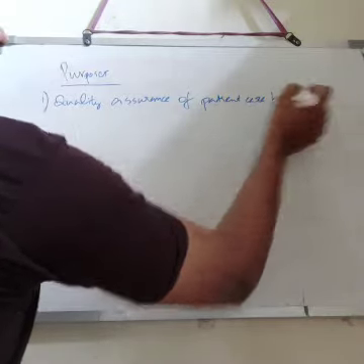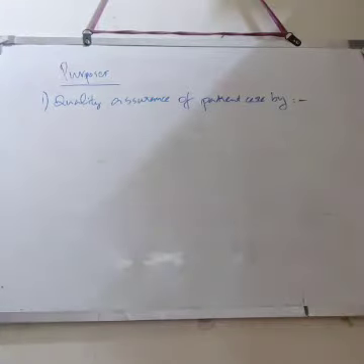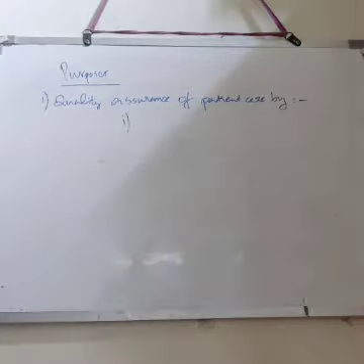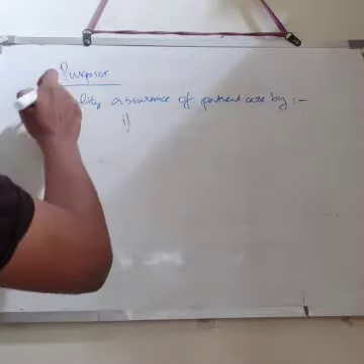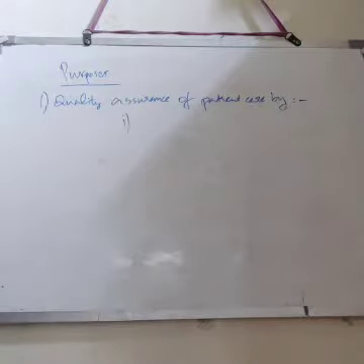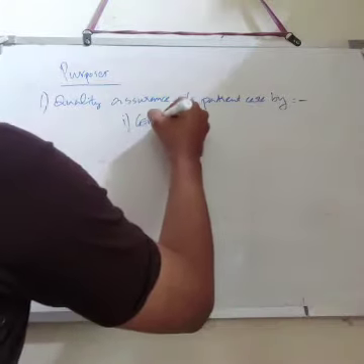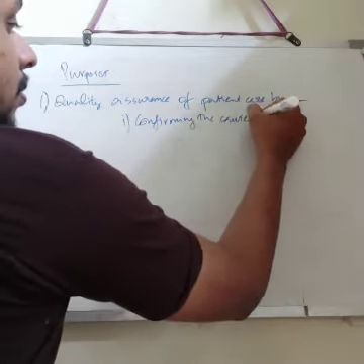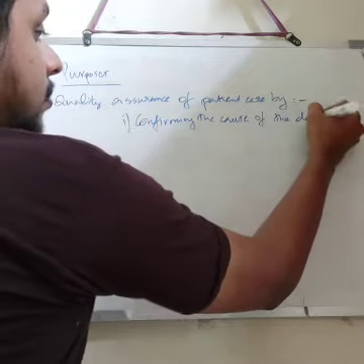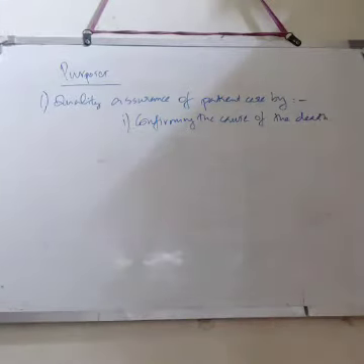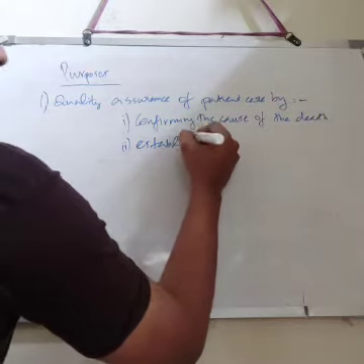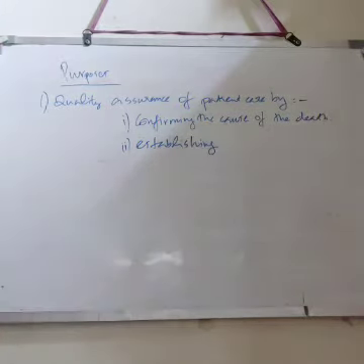How can the quality assurance of patient care be done? First, by confirming the cause of the death. Another way, establishing the final diagnosis.